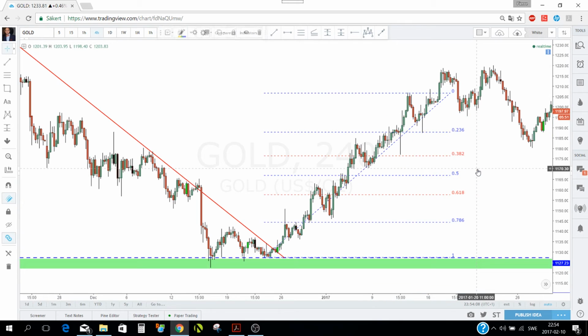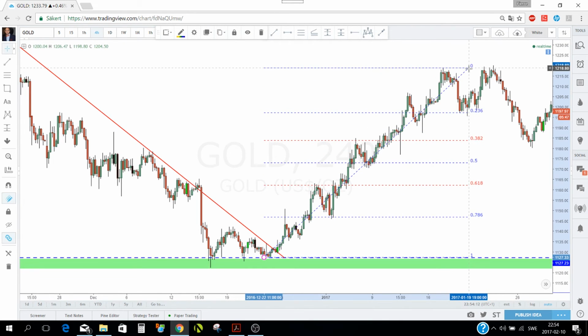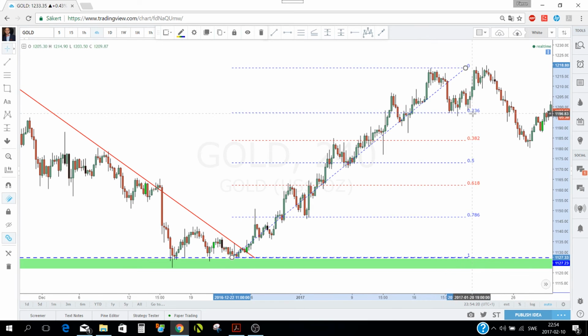And my last example, we keep moving up, and this was our last swing high in this area here, and as you see we got this retracement another time on the 23.6, and our last significant swing low was from this one here.